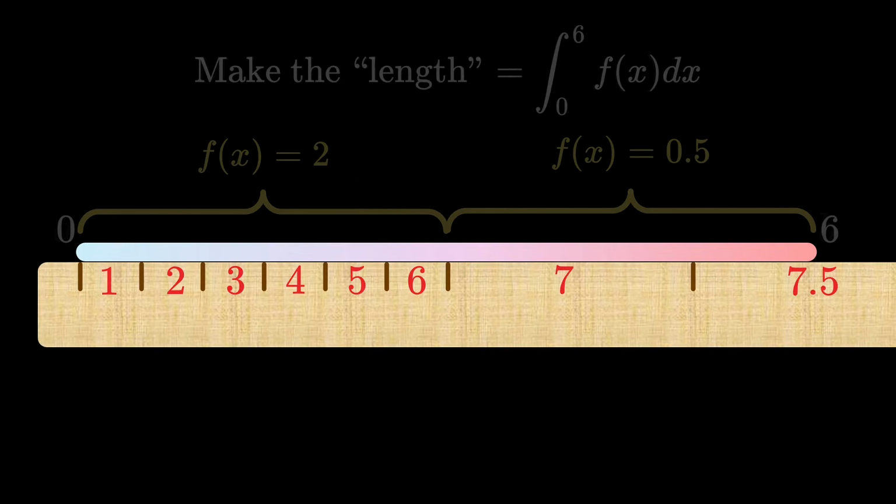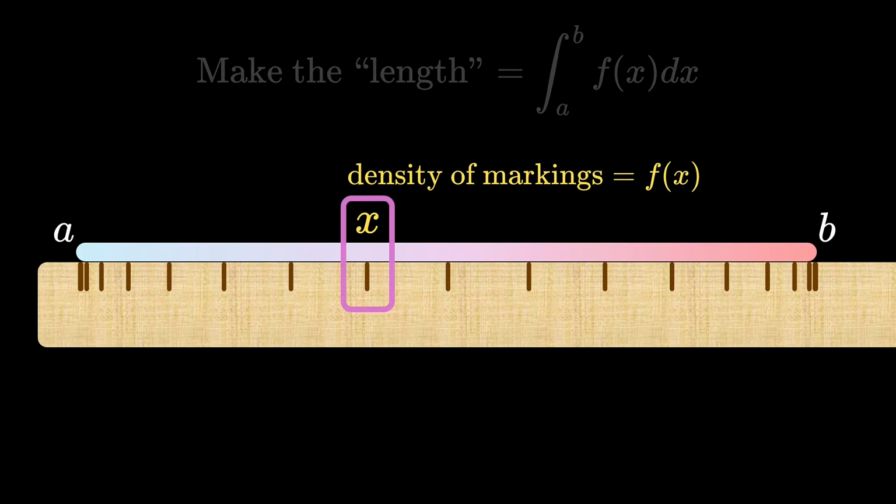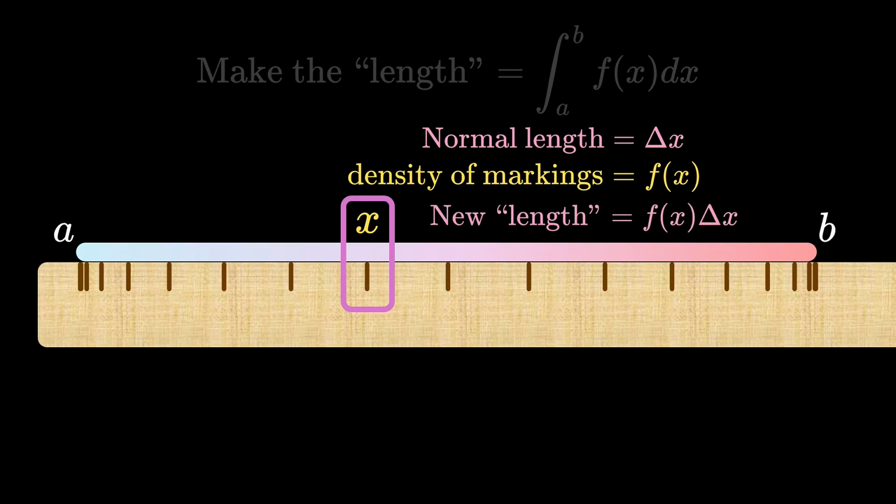This works because the tick marks being f of x times as dense means that things will span across f of x times as many tick marks. If its normal length is delta x, then its new length will be measured as f of x delta x.